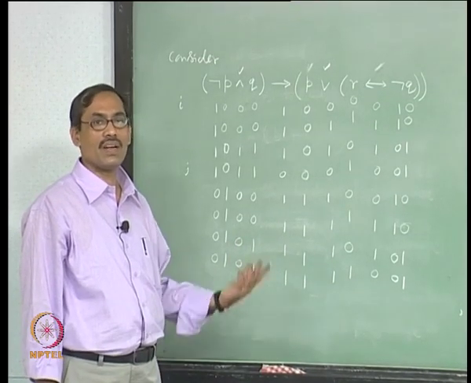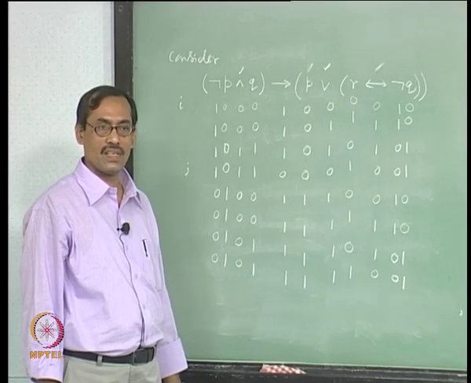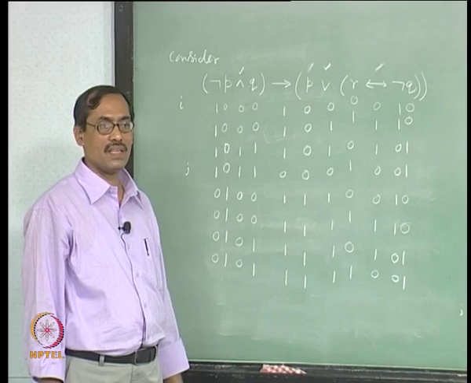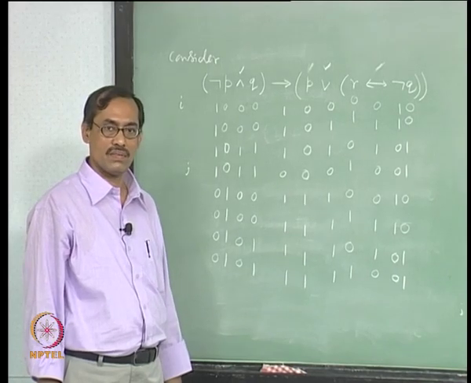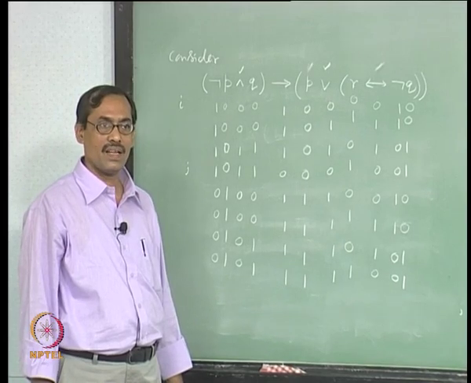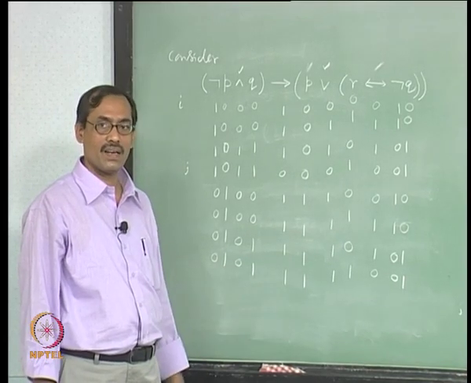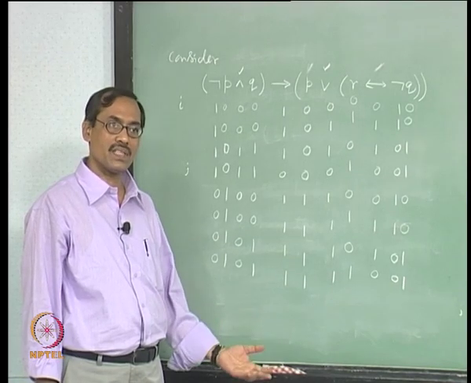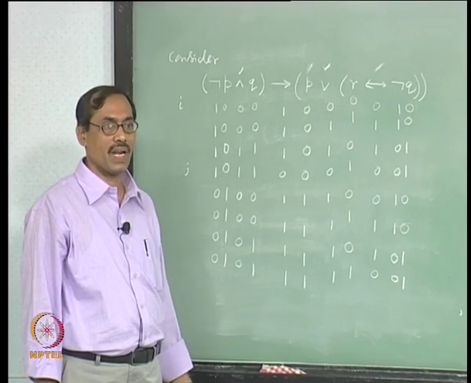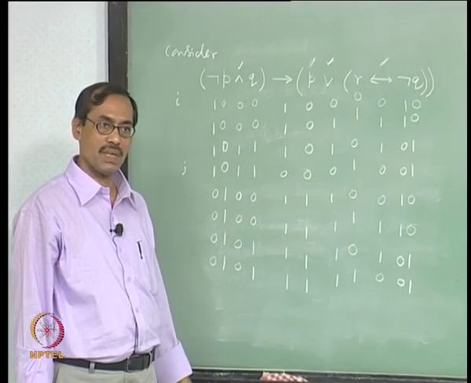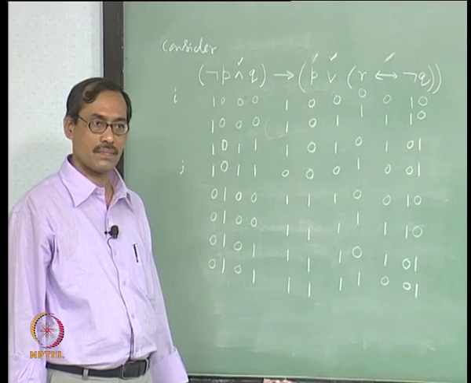If you go back to our definition of models, it says one Boolean valuation I is a model of a proposition W if I of W equals 1, fine. Due to the relevance lemma we can say that instead of Boolean valuations only interpretations can be used. So you may say a model of a proposition is one interpretation which satisfies the proposition, fine.